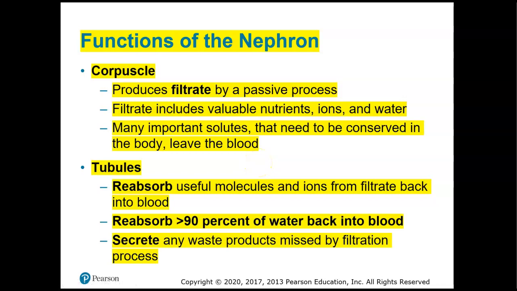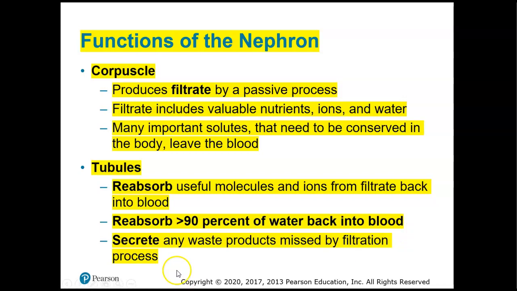So in the tubules, one of the most important processes is reabsorption. The tubules will reabsorb useful molecules and ions from the filtrate back into the blood. So greater than 90% of the water that was filtered out of the blood in the renal corpuscle is going to be reabsorbed back into the blood when it reaches the renal tubules.